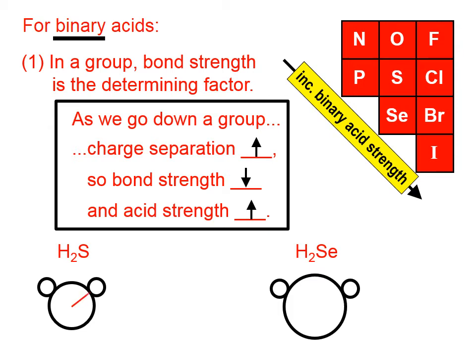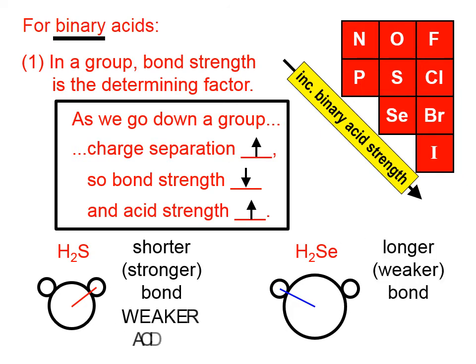Looking at the distance between the centers of charge in H2S compared to H2Se, in H2Se the charge separation is greater, which means on the right these hydrogens are not held as tightly as these hydrogens here, which means that on the left the acid will be weaker.